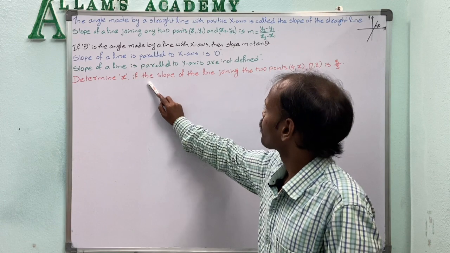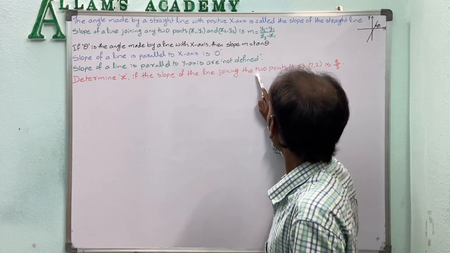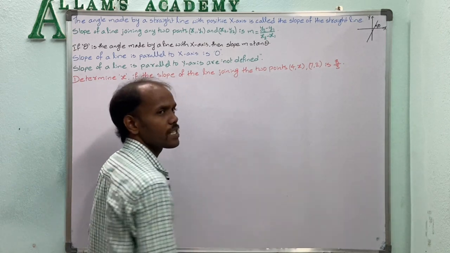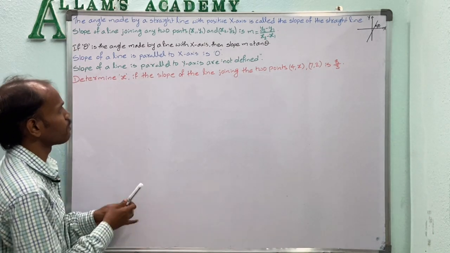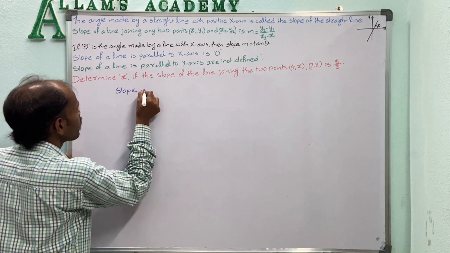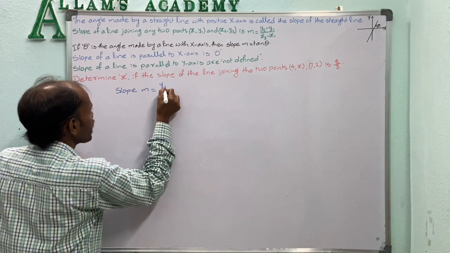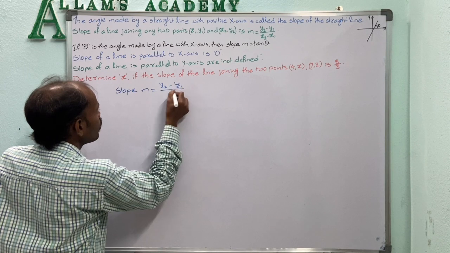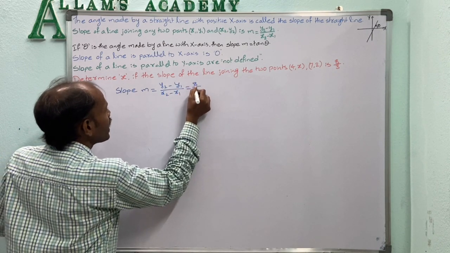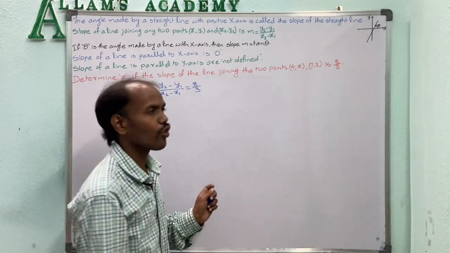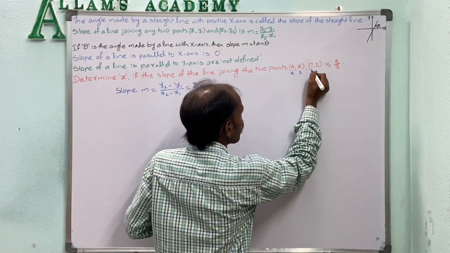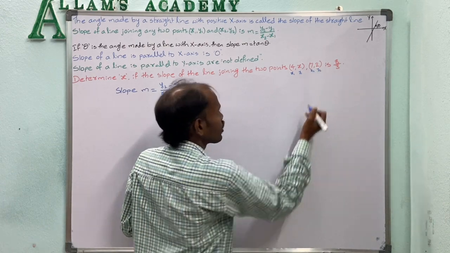Determine x if the slope of the line joining the 2 points (4, x) and (7, 2) is 8 by 3. So the slope m is equal to y2 minus y1 by x2 minus x1. That value is given as 8 by 3, and here the x1, y1 coordinates are 4 comma x and x2, y2 coordinates are 7 comma 2.